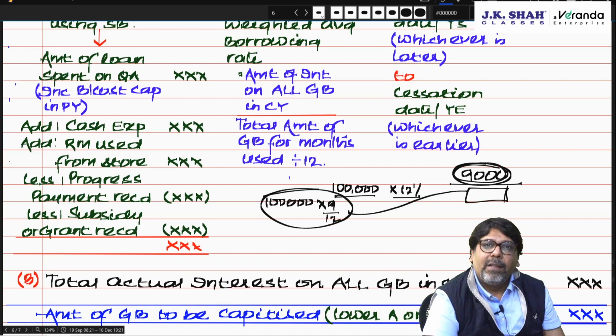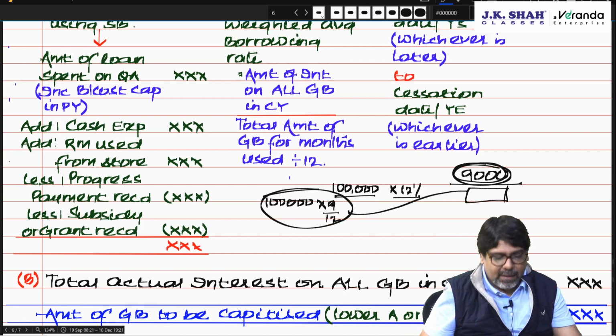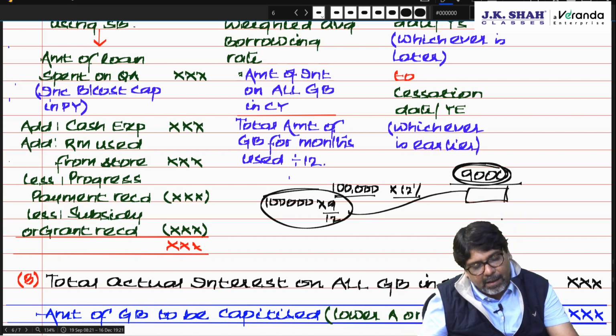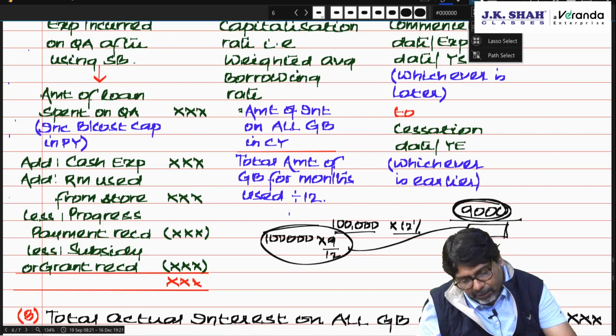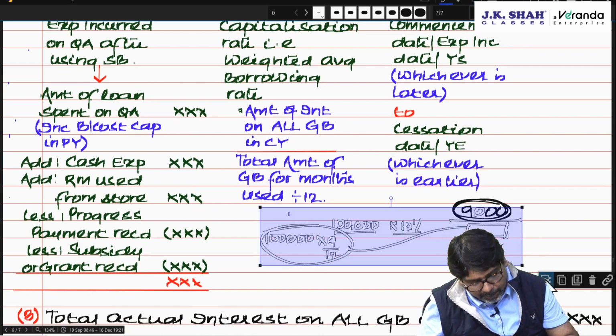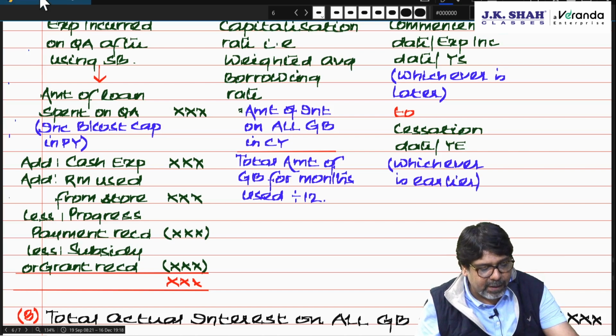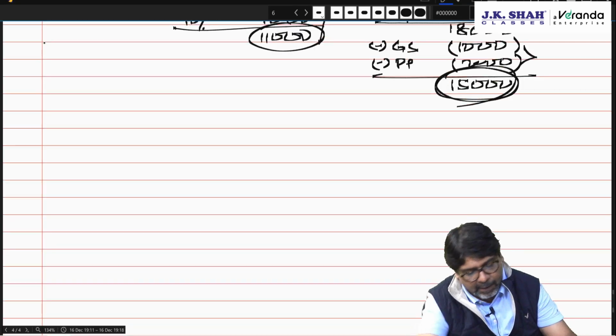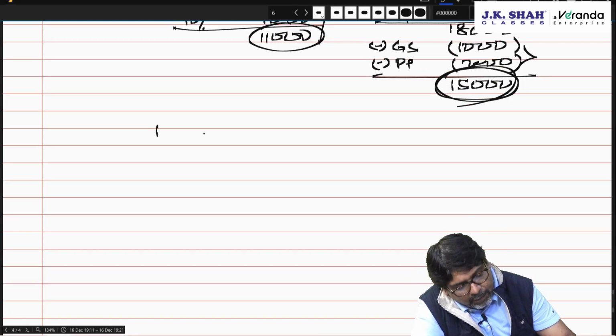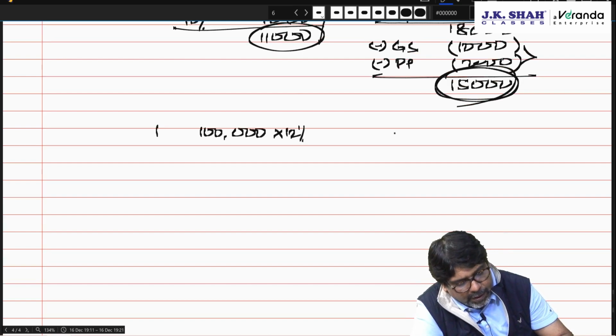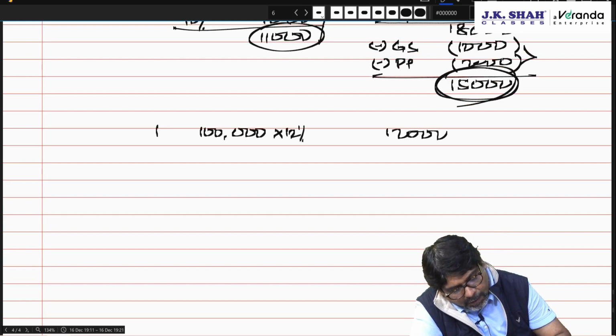Then you will get the weighted average borrowing cost. So that means, chartered, if you have got more than one borrowing, you have got borrowing 1 lakh for 12% full year, 12,000.